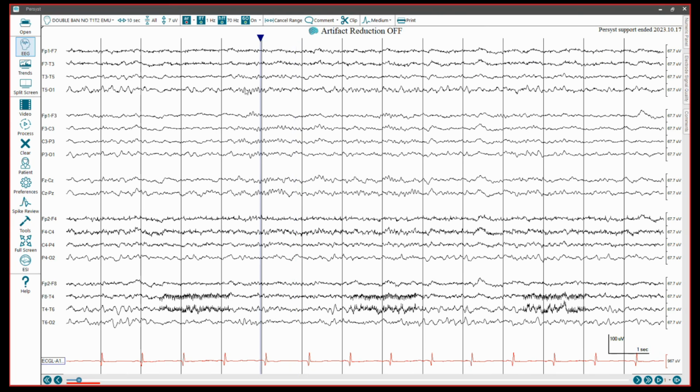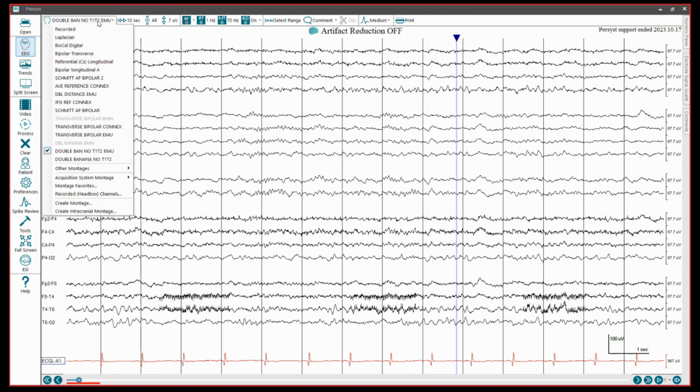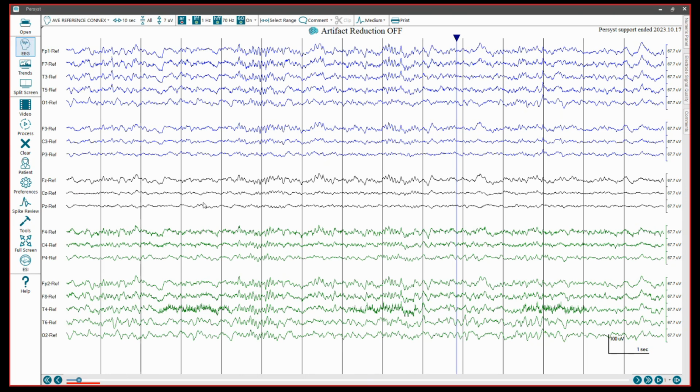I think in the left and right occipital region, we have some positive occipital sharp transients of sleep. So let's put this into average reference and see if we see a prominent positive deflection. And we sure do. It almost looks like a check mark. There's a great example right there. You see that the deflection goes below the baseline.